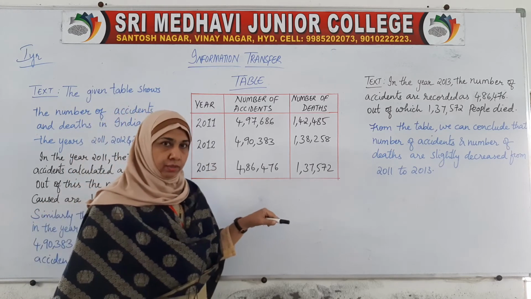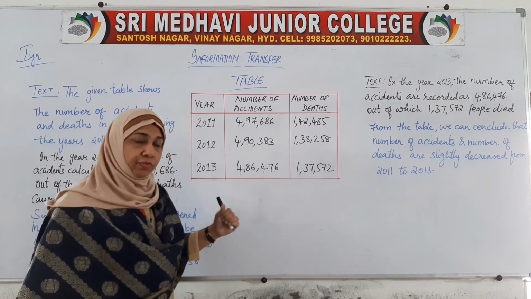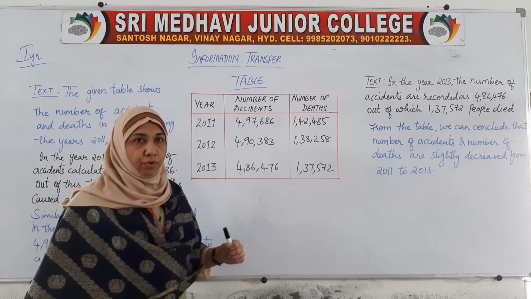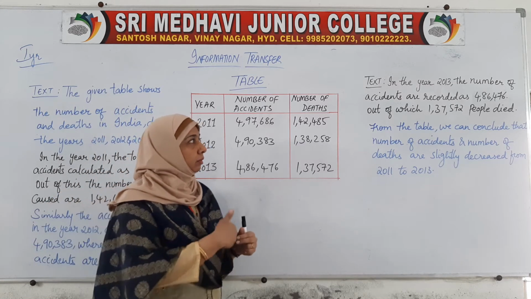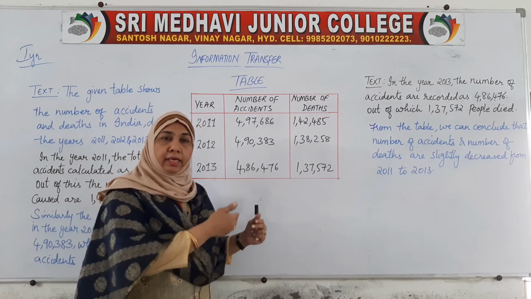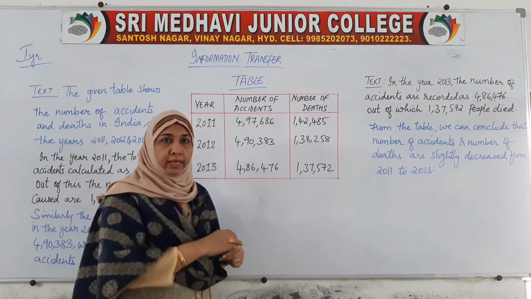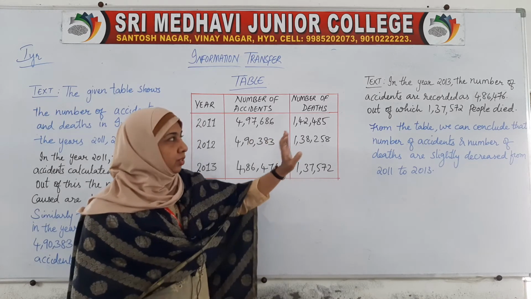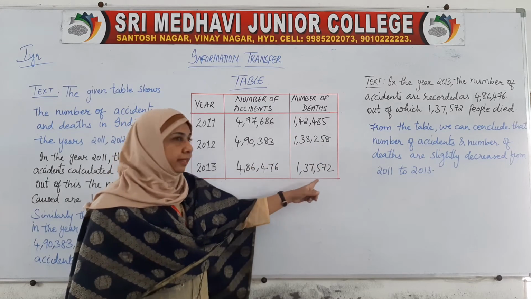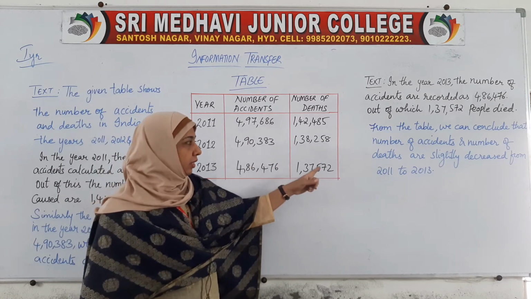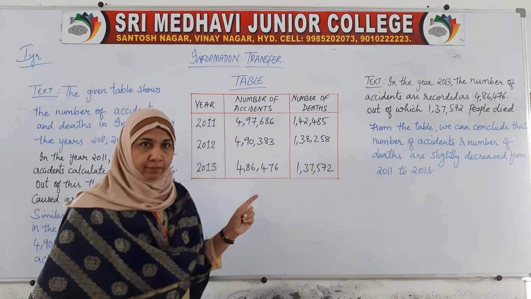We have used "out of which" before, so now you can write the next as the number of deaths calculated as, I have changed it a little bit, out of which 1,37,572 people died.